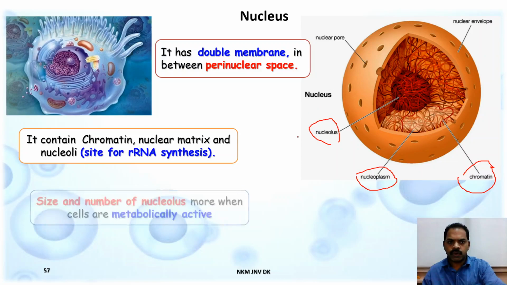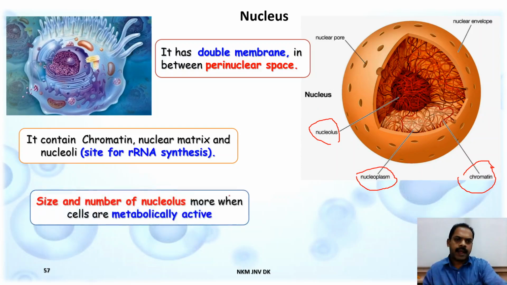So this is about the nucleus structure. And the nucleoli, we already told, their function is rRNA synthesis. What is rRNA? The small r, then capital RNA. The first r is for ribosomal. RNA, DNA we know.